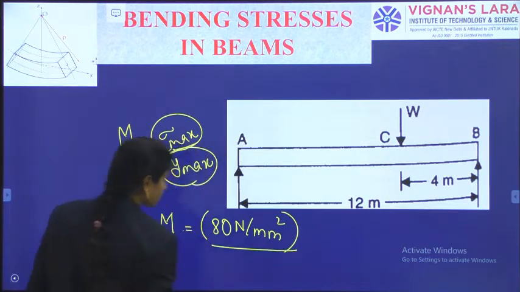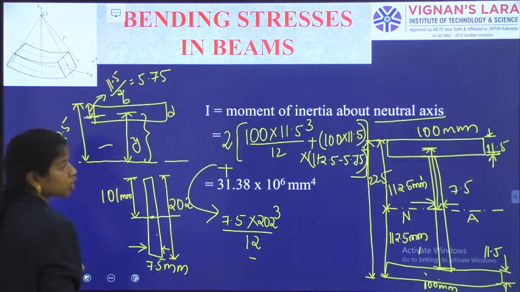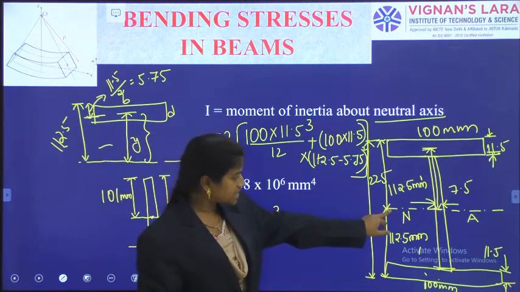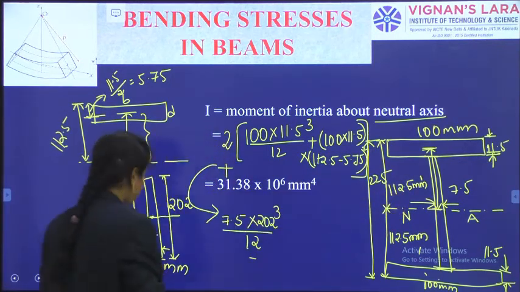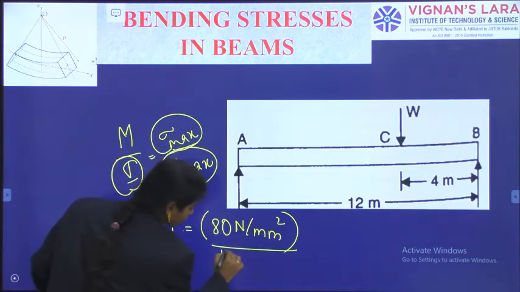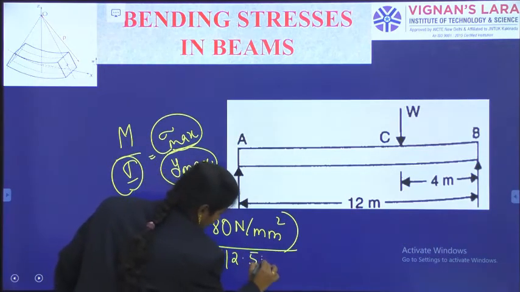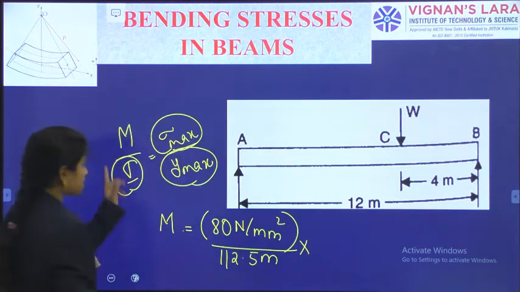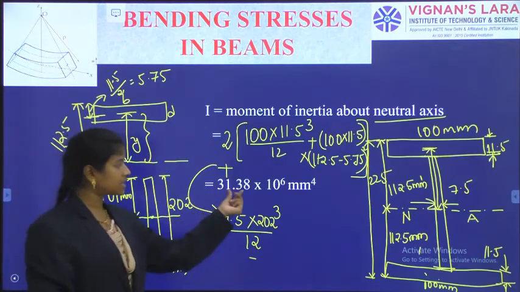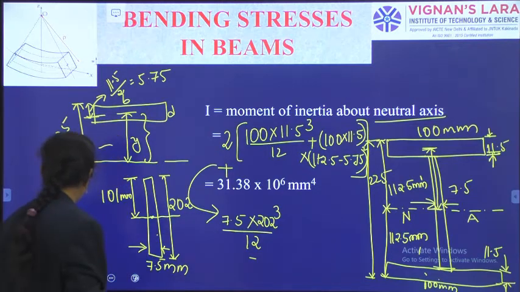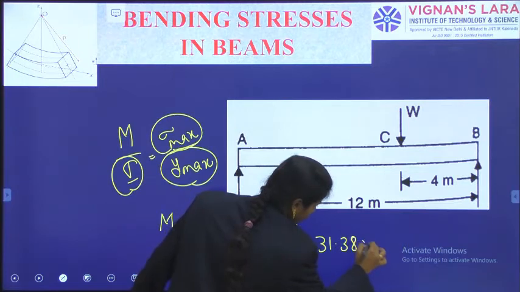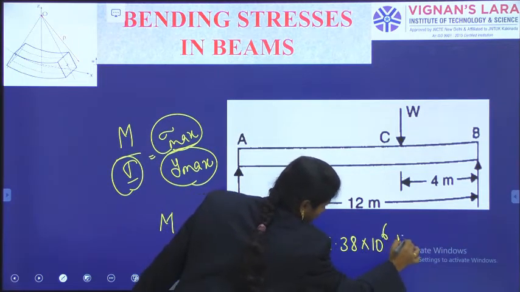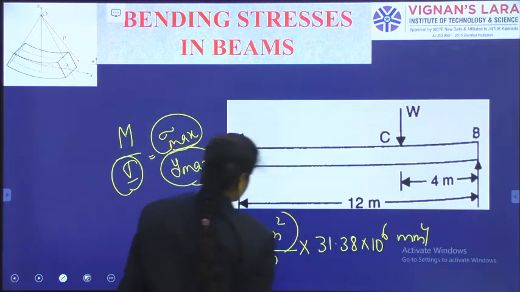And y max, what is the overall depth? 225, so y max, the distance of the extreme fiber from the neutral axis, is 112.5 mm. And this I, the moment of inertia we have got, is 31.38 into 10 power of 6 mm to the power 4.